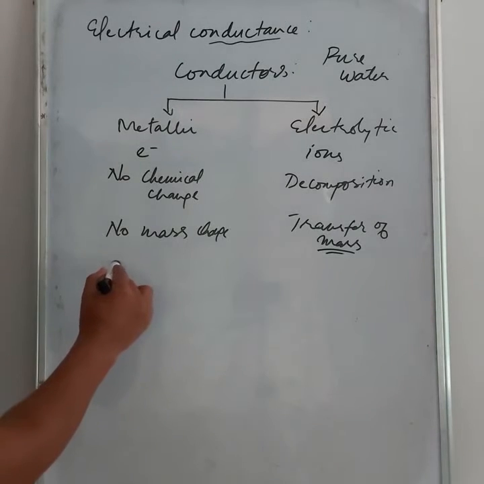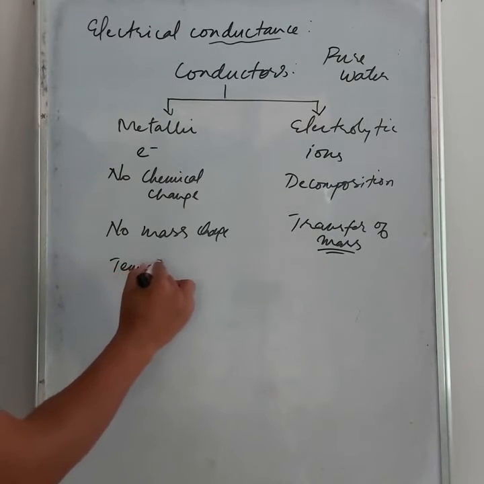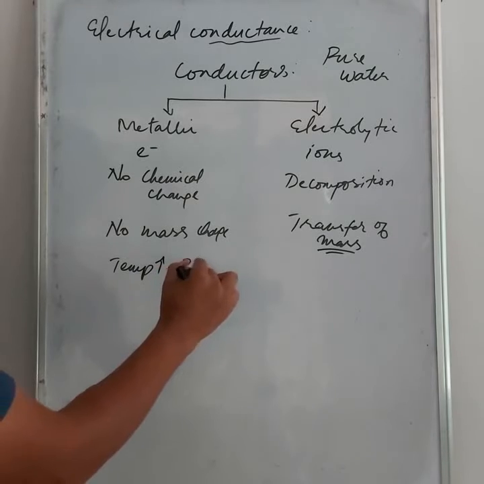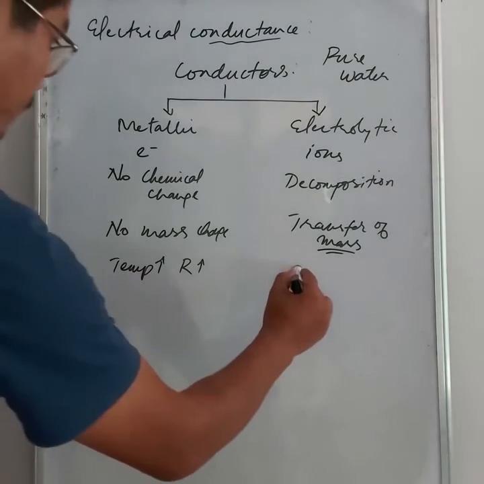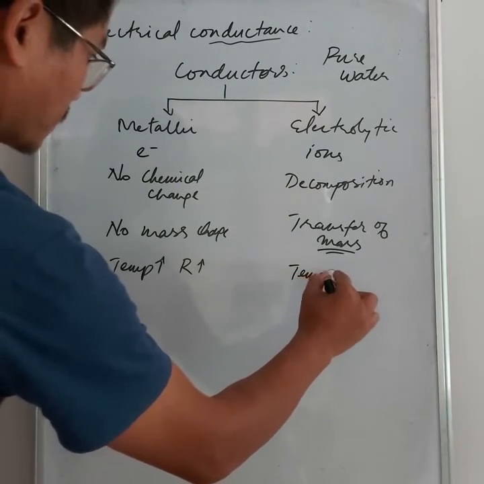Here, if we raise the temperature, then the resistivity goes up. That means the flow of current is not uniform once you increase the temperature. That means the conductance goes down. But in electrolytes, if we increase the temperature, it's the opposite.